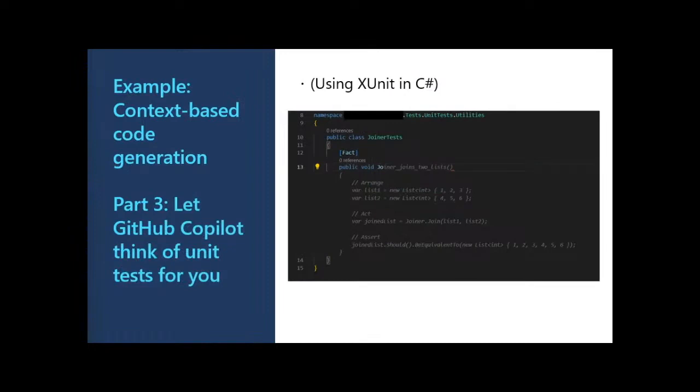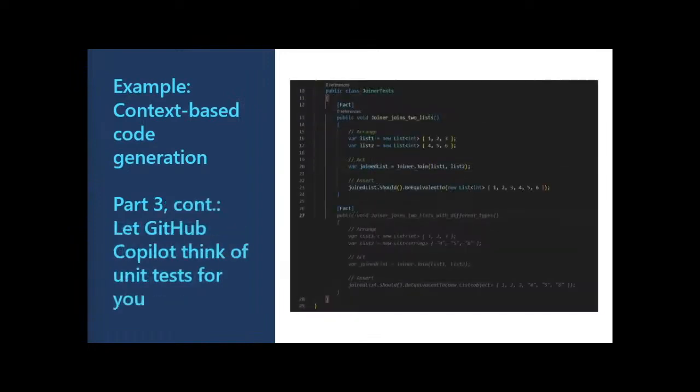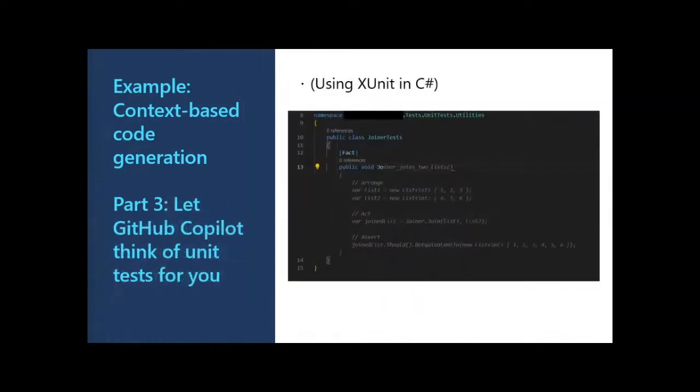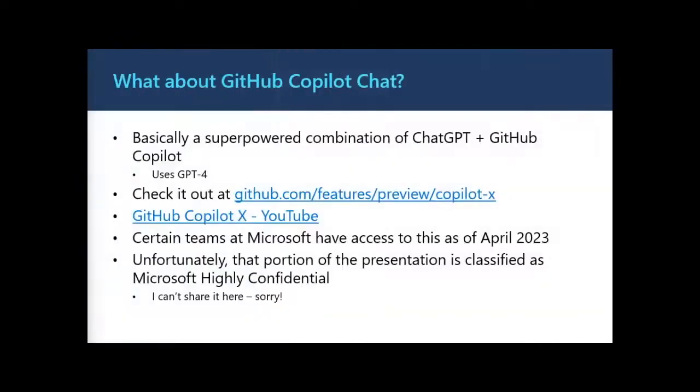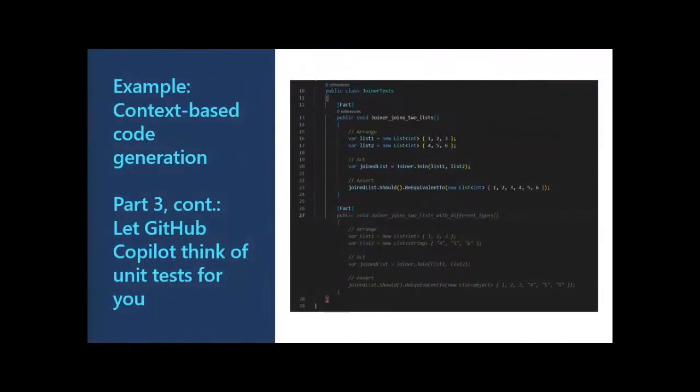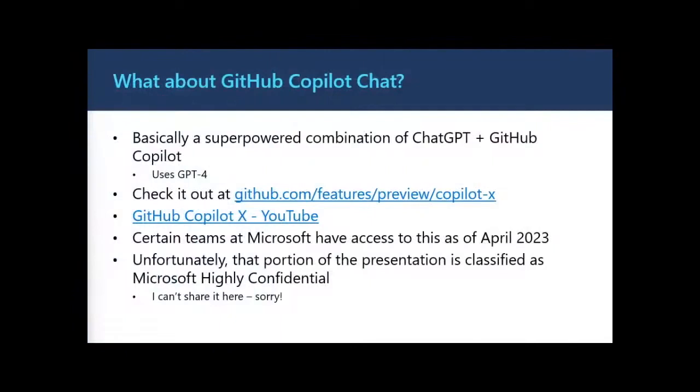I just say, hey, joiner test, make a fact, public void, whatever. And it induces all that for me. And you can test it out and you can see, hey, this is what it should be equivalent to. And then if I wanted more tests, I can do this as well.